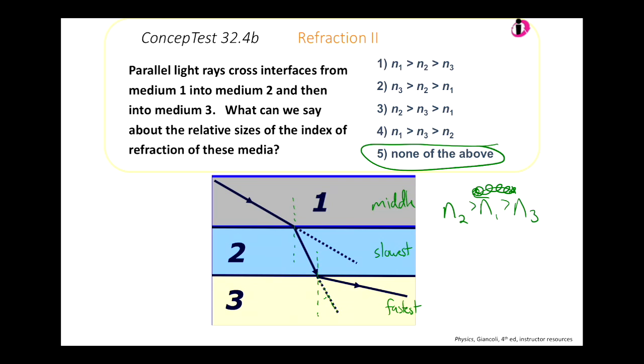Here, instead of going directly through, it bends this way, so I could immediately say that 3 is going to be faster than 2, because that's bending away from the normal. Then from the top 2, since it bends toward the normal, we could say that 1 is faster than 2. And then you can put those together to see how they rank relative to each other.